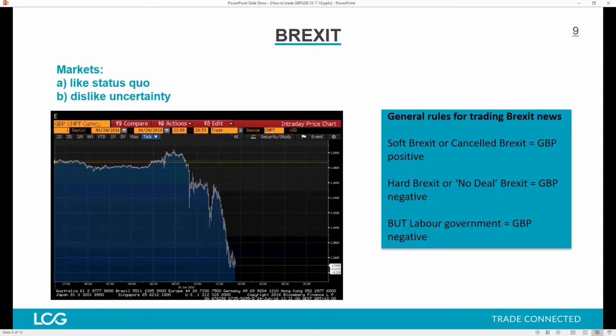But I put a little caveat in here: a Labour government is generally pound negative too, so it's a bit of a fine balance.